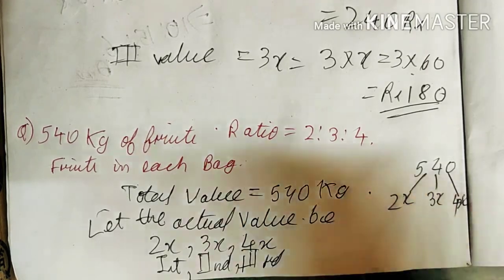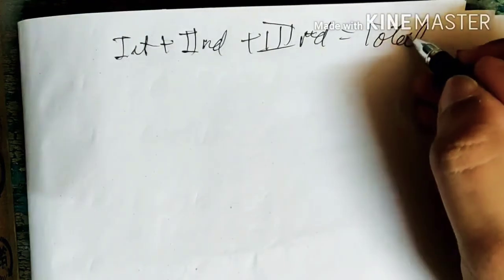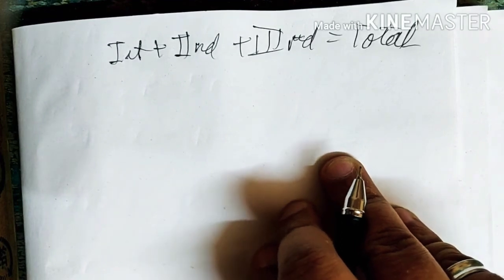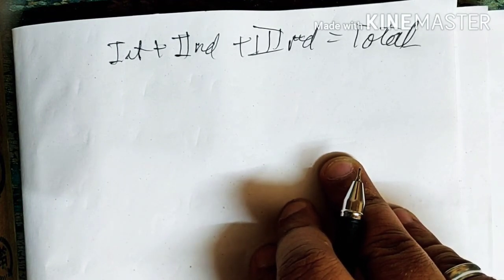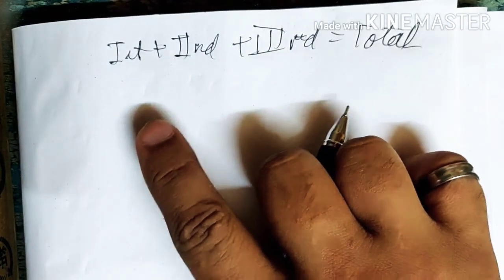So what we can do here is, that total was 540, so first bag plus second bag plus third bag will be equal to the total. How? Means like you had 100 rupees and you divided into 3 parts, so those 3 parts will again add up to give you the total amount. So here you have divided 540 kg of fruits into 3 bags.